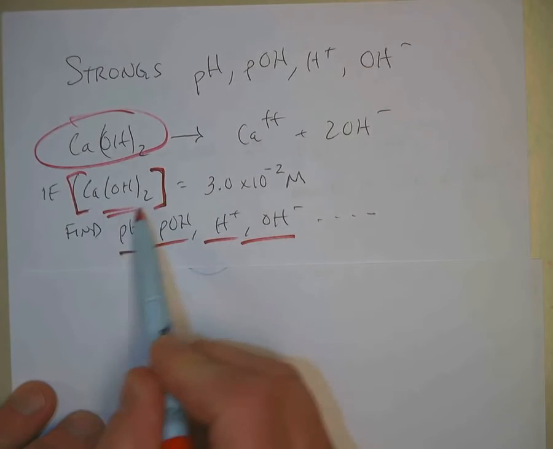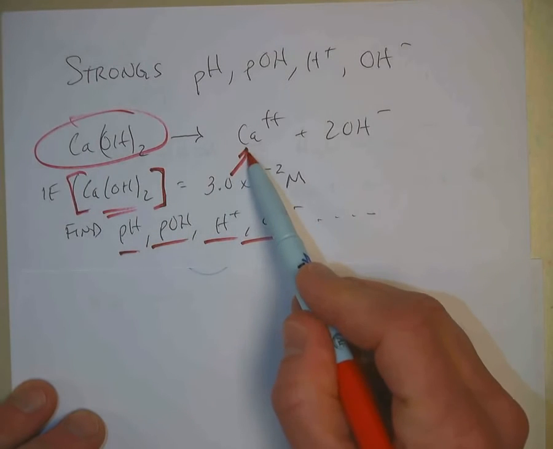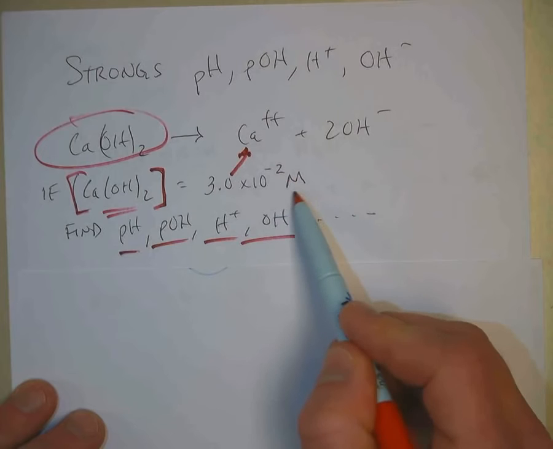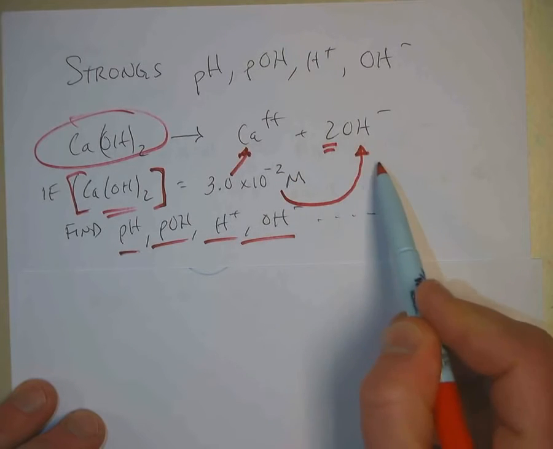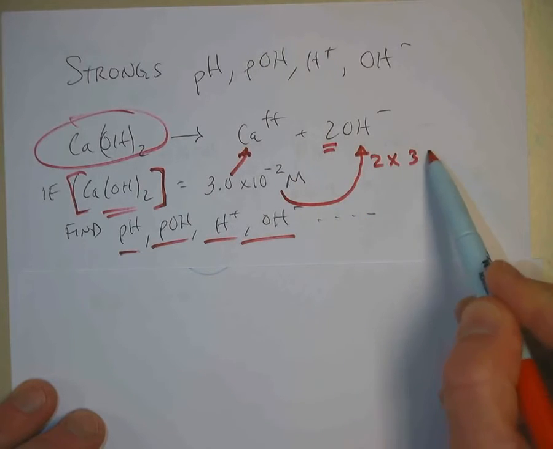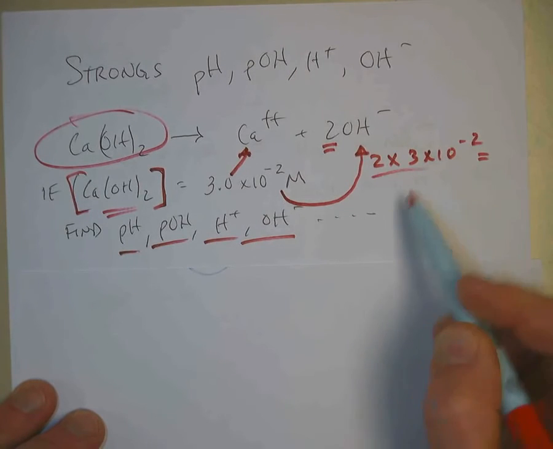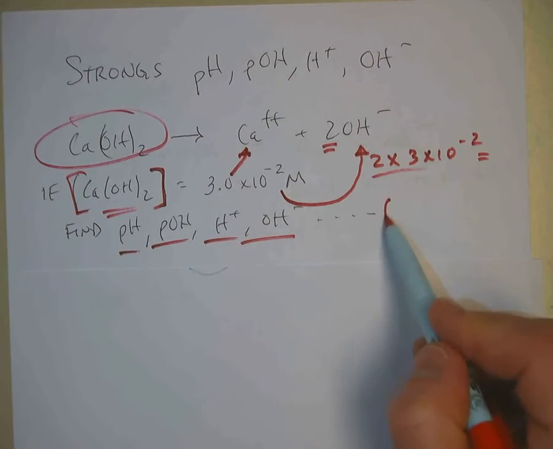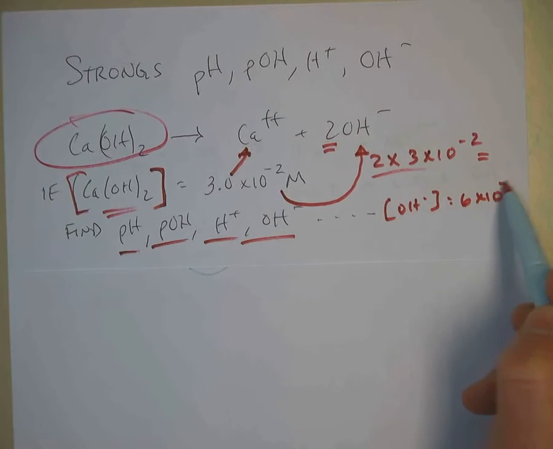There's not a concentration of CaOH2. This is actually the concentration of Ca++, and it's also the concentration of OH minus, except there's a 2 in front of here. So you have to take 2 times 3 times 10 to the negative 2, multiply those together. You actually have a concentration of OH minus of 6 times 10 to the negative 2.